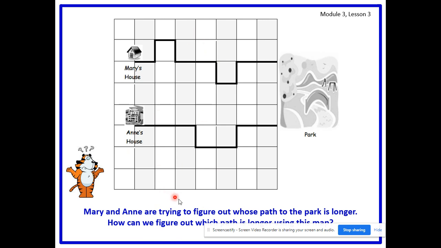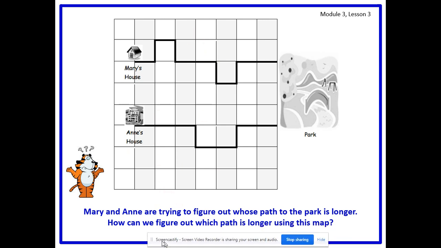Look at this pathway. It says, look at this map. Mary and Anne are trying to figure out whose path to the park is longer. How can we figure out which path is longer using this map? Share some thoughts.